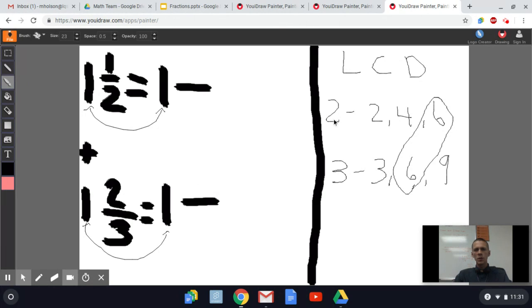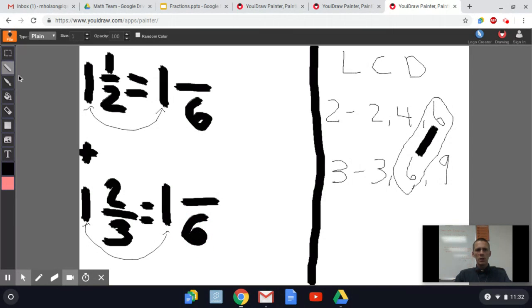We're going to start with 2 and count the multiples up. 2, 4, 6. And we're going to go to our next denominator and also count that up. So 3, 6, 9. So notice our common denominator is going to be 6. So I know that the bottom number is now 6.